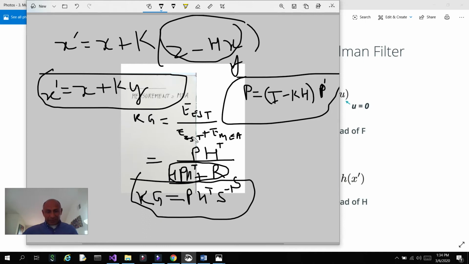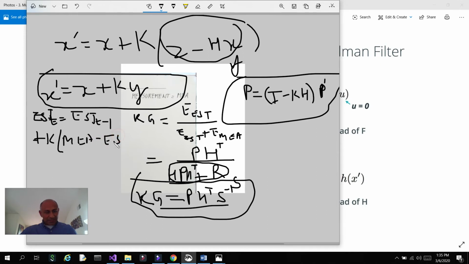Kalman gain was error of estimate divided by error of estimate plus error of measurement. So we got this equation. Now this equation corresponds to the new estimate at time t, equals the estimate at time t minus 1 plus Kalman gain times measurement minus estimate at time t minus 1. So this equation corresponds to this.